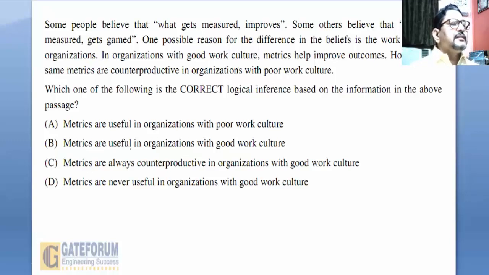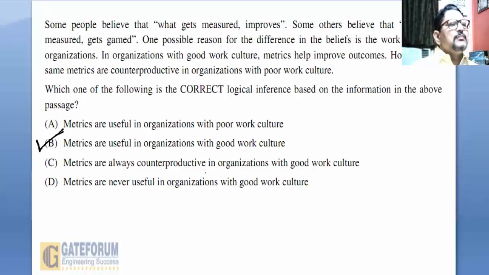Next, metrics are useful in organizations with good work culture. This is exactly what has been said here. In organizations with good work culture, metrics help improve outcomes. So this will be our correct choice. In the exam, no need to see further. But because this is a practice session, let us look at the other options.